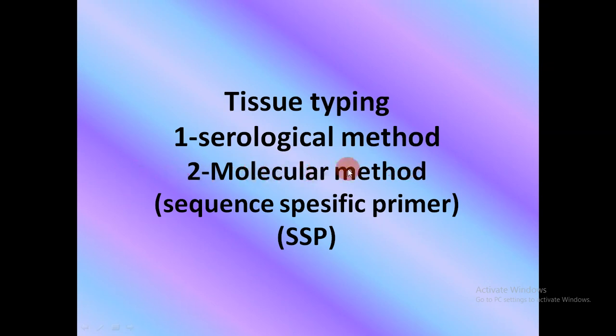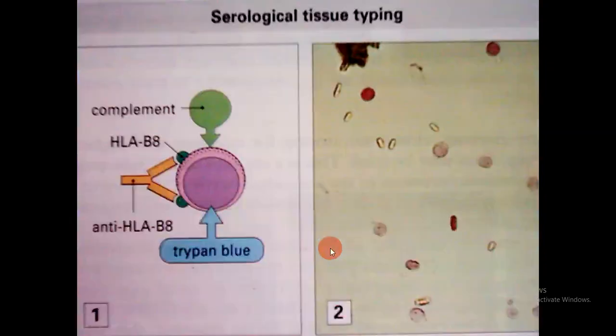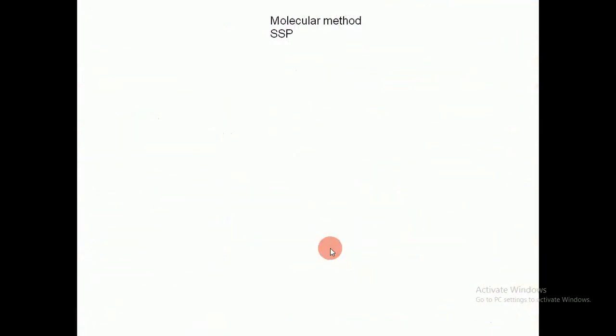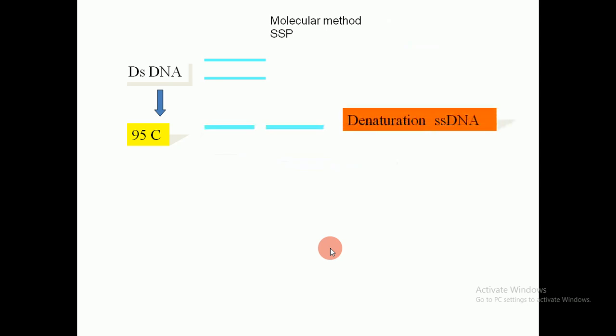Another method is the molecular method, using sequence-specific primers. Here we take the DNA from the patient, which is double-stranded DNA, and we use the PCR method. In PCR we increase the temperature to 95 degrees, and we do denaturation of the double strand into single-stranded DNA.